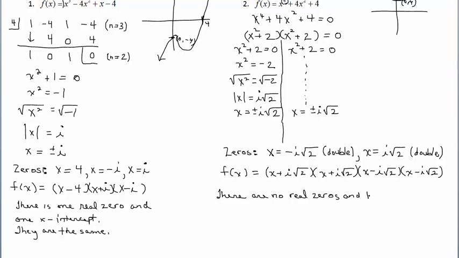And there are no x-intercepts on the graph. All right, and to respond to the question, they are the same, meaning that 0 is the same as 0. 0 real zeros and 0 x-intercepts. So just write down they are the same.